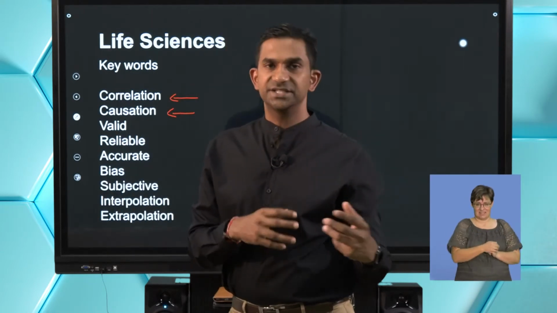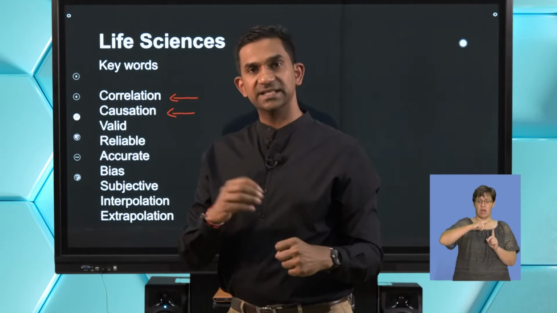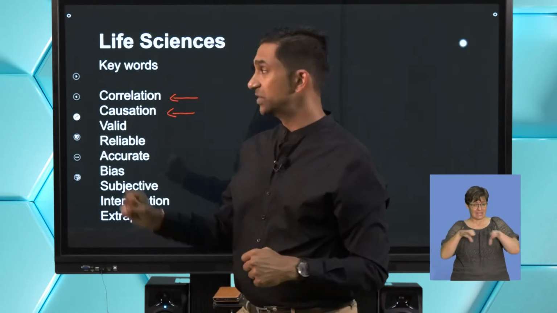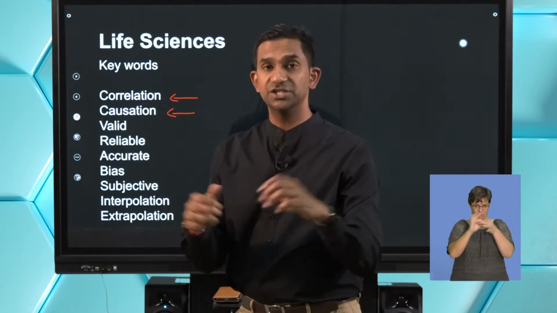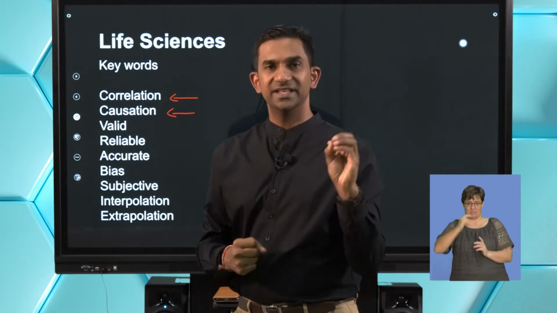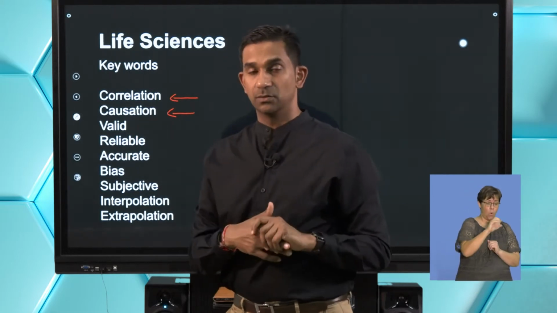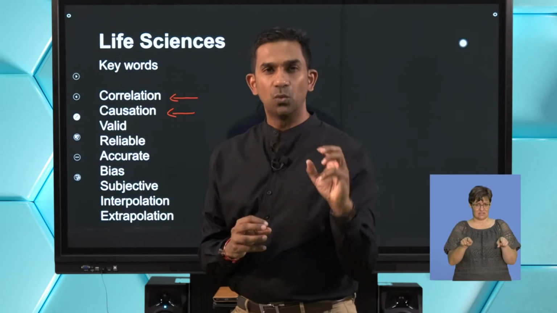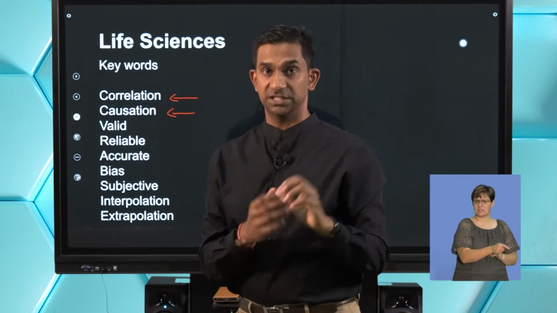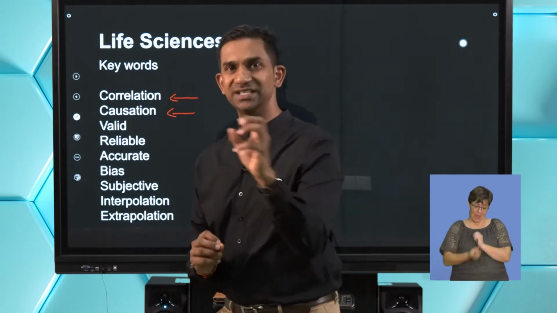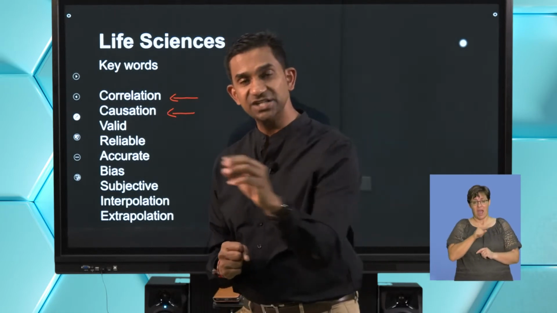So as the temperature increases, the rate of the enzyme activity increases. So we see that there's a correlation between the two. However, there's a cause and effect, which we need to understand. So why does the enzyme activity increase? It's because the temperature is causing that effect. So that's a causation factor.